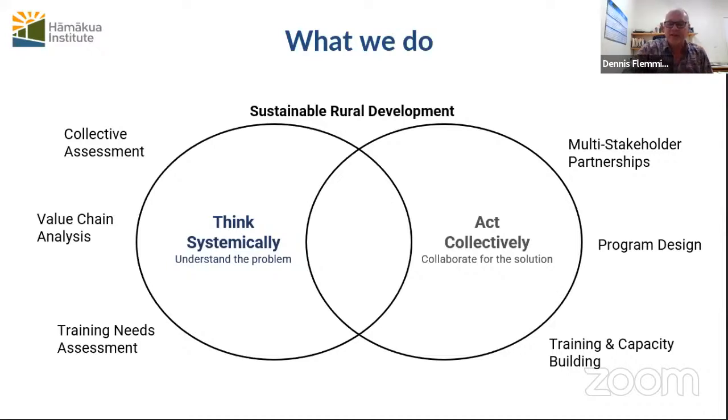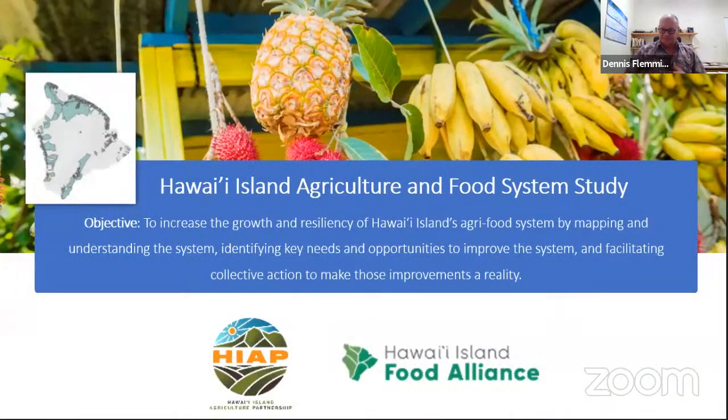And so that work has led us to the Hawaii Island Agriculture Partnership, because that's really what that partnership is about. It's what's called a next generation sector partnership, a public-private partnership focused on agricultural development on this island.